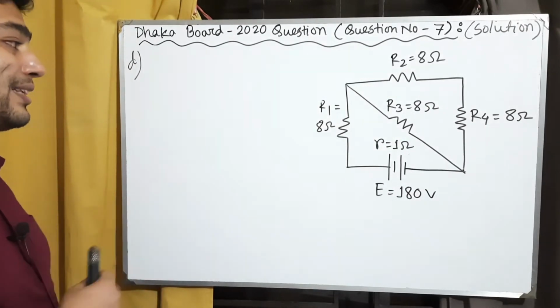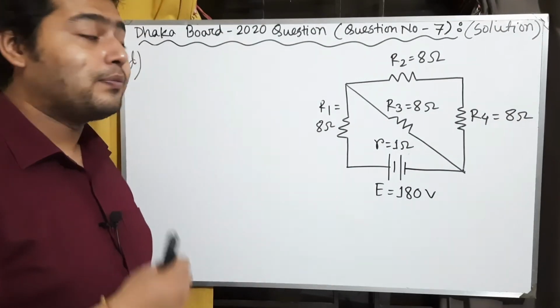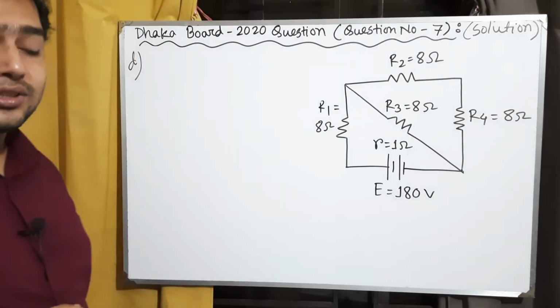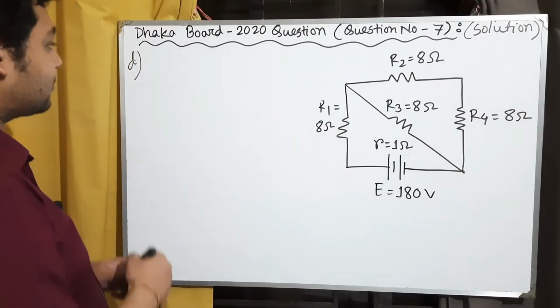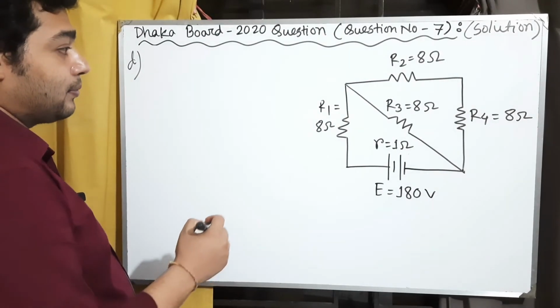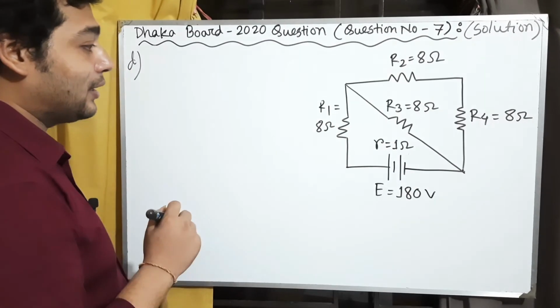So we need to determine the power of R1, R2 and R3. For resistance 1, P1 equal to I square R1.